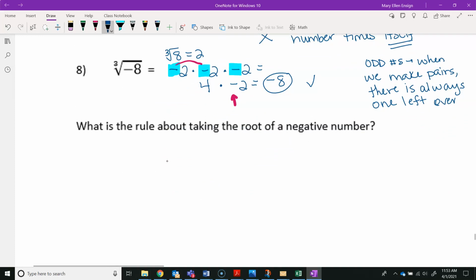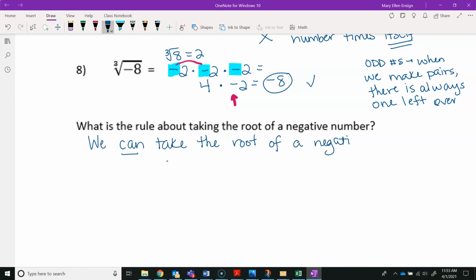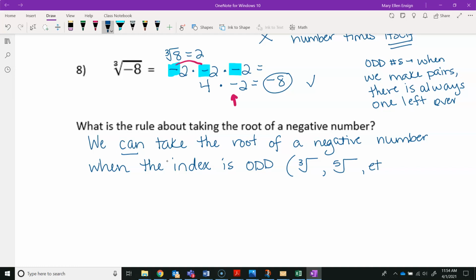So the rule overall is then we can take the root of a negative number when the index is odd. So for example, cube roots, fifth roots, etc.